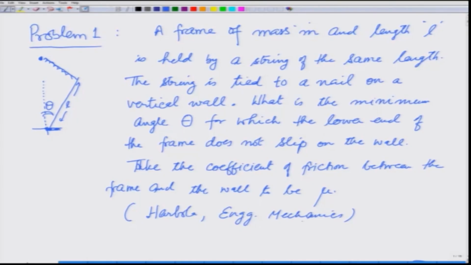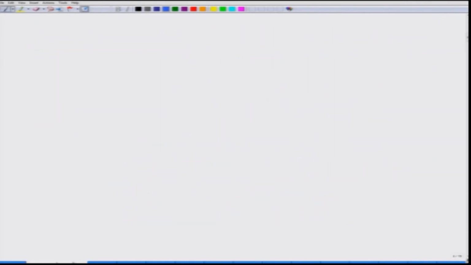And so are the other two problems that I am going to do. So, let us see and analyze what we are doing. This is the wall, here is a nail and this is the string, and the frame I am going to make with a different color. This is the frame, and make it a little thicker.